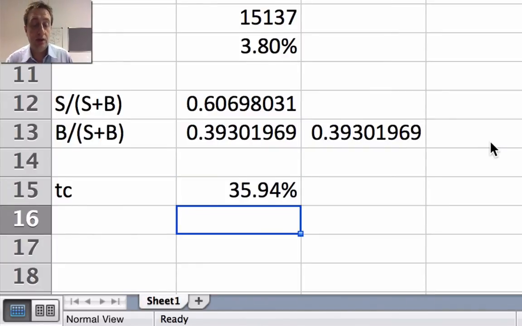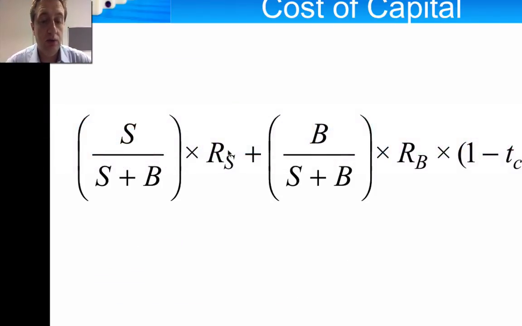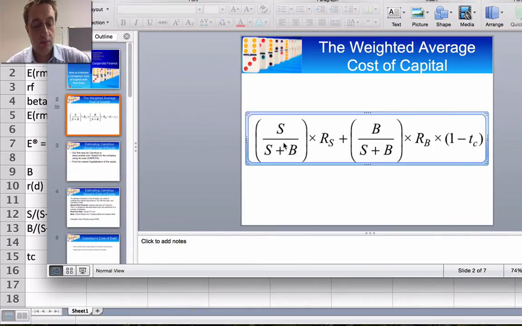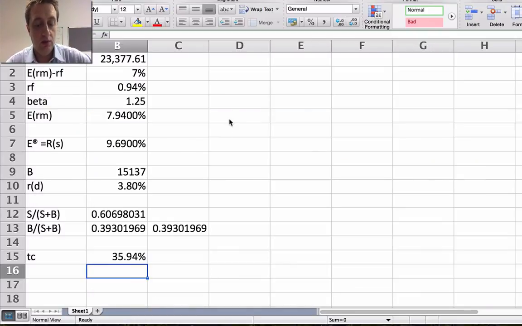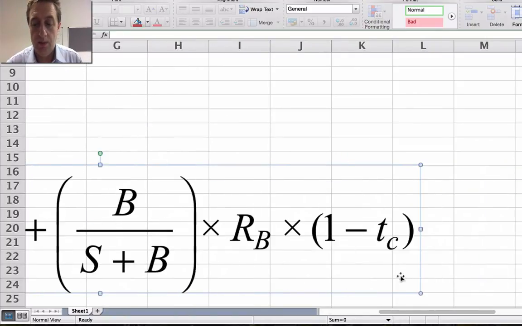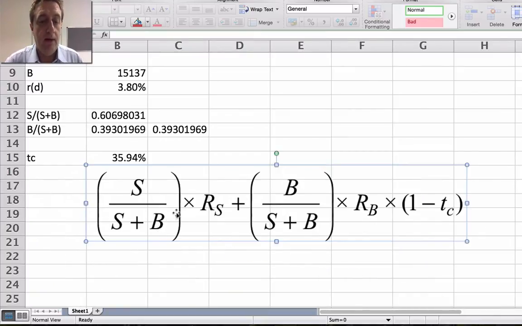So this now allows us to calculate the weighted average cost of capital. And what I'm going to do is copy this formula so you can see it. Put it here. There we go. It's a bit big. But there we are.